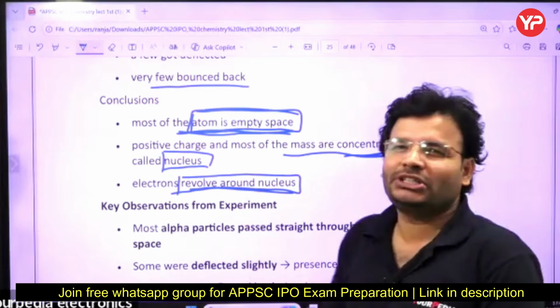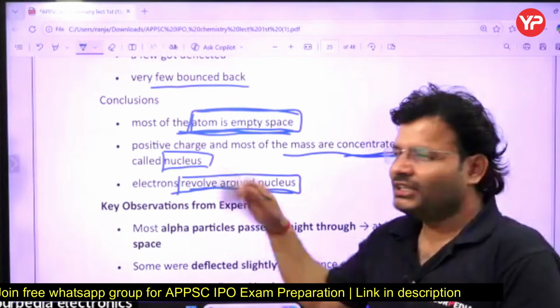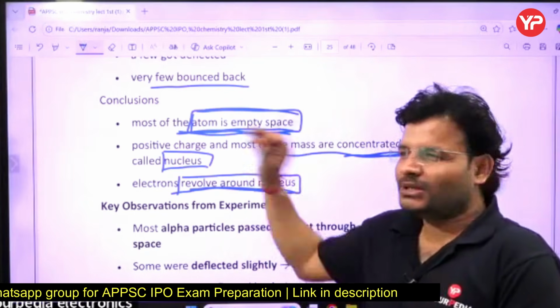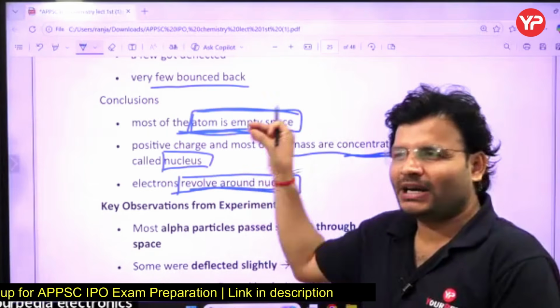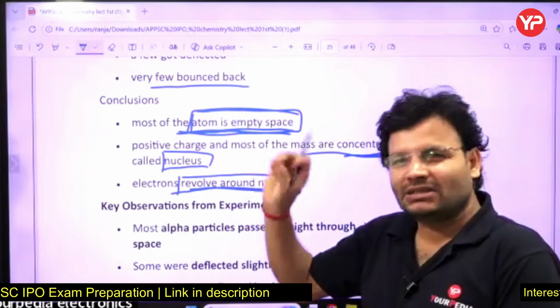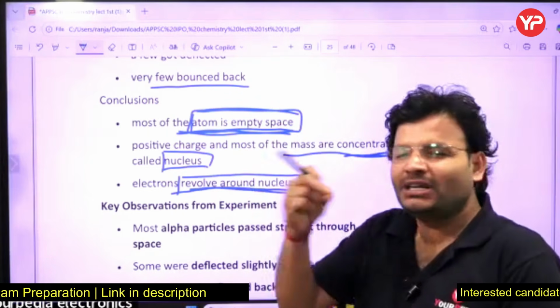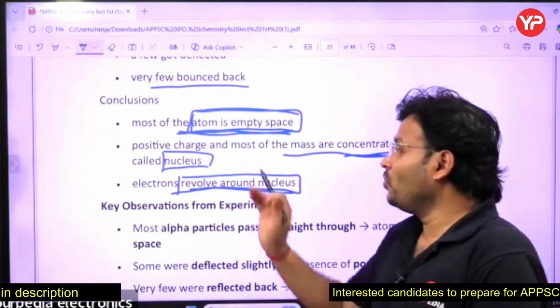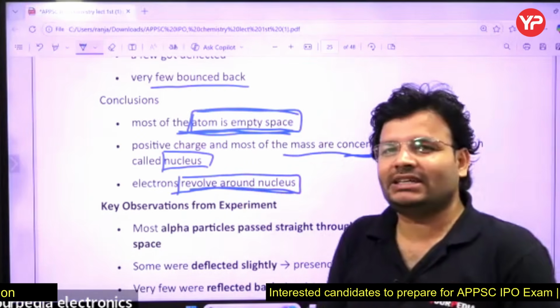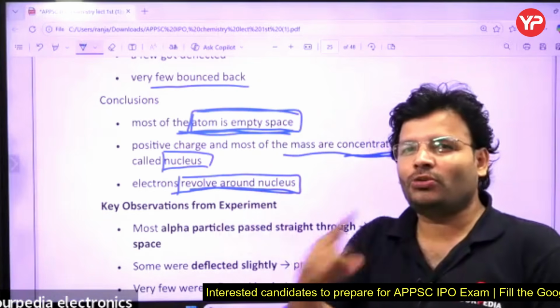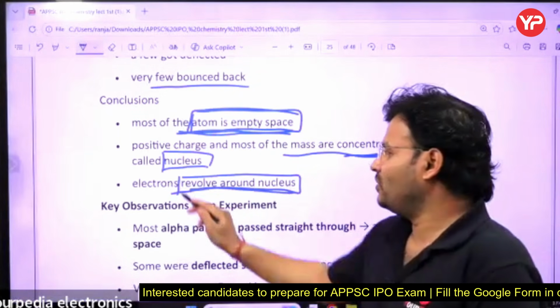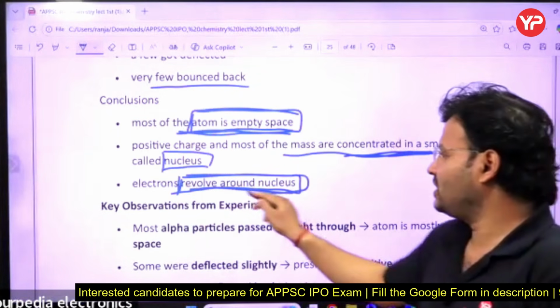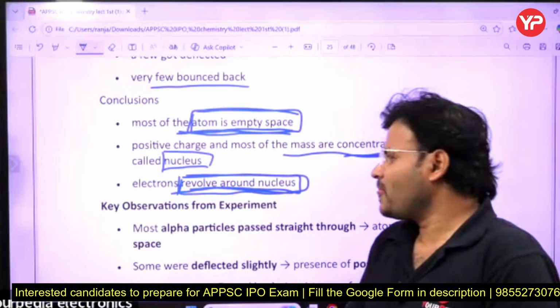But Rutherford says no, it is nothing like that, because Thomson already went wrong: most of the part is empty space, and most of the mass is concentrated in a very small region called the nucleus. After that he said electrons are not in a static condition, my dear friends; they are revolving around the nucleus. That was told by Rutherford.